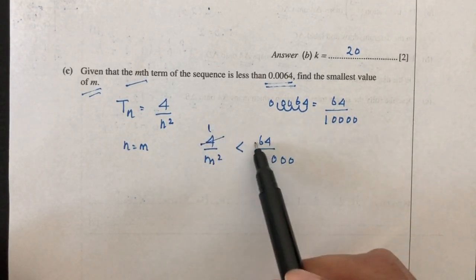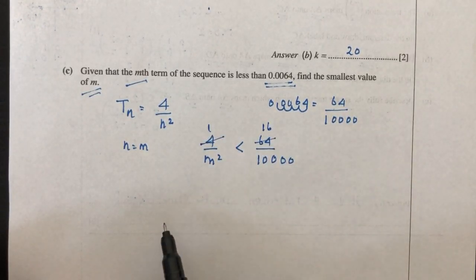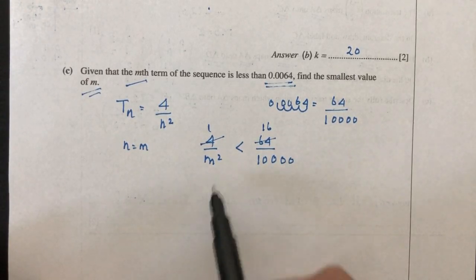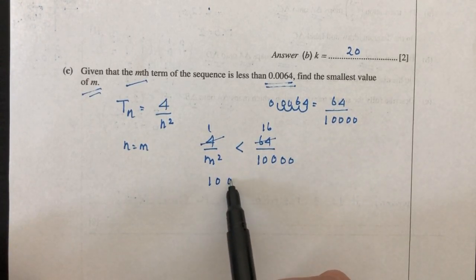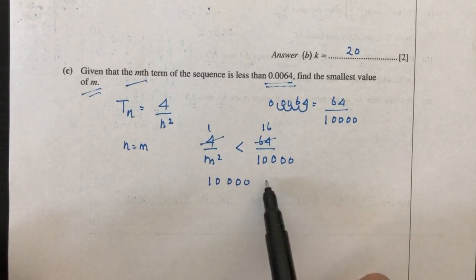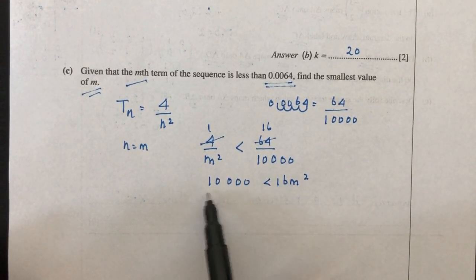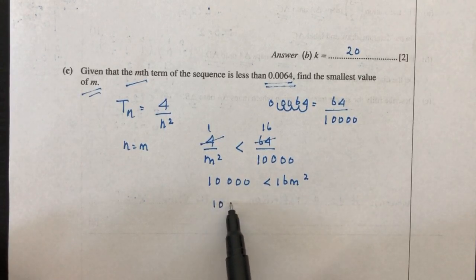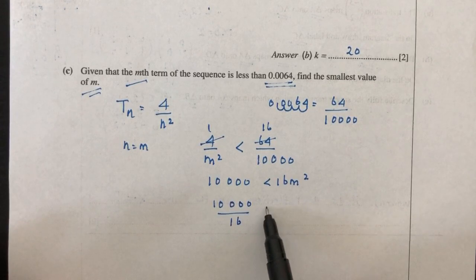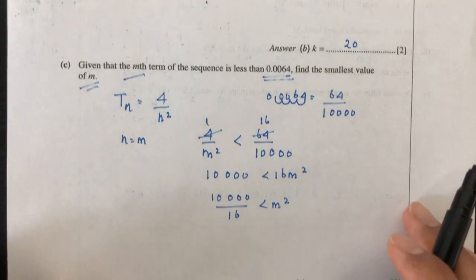We have 1 over m squared less than 16 over 10,000. And then we can just cross multiply. We will have 10,000 less than 16m squared. So divide by 16, 10,000 divided by 16 will be m squared.